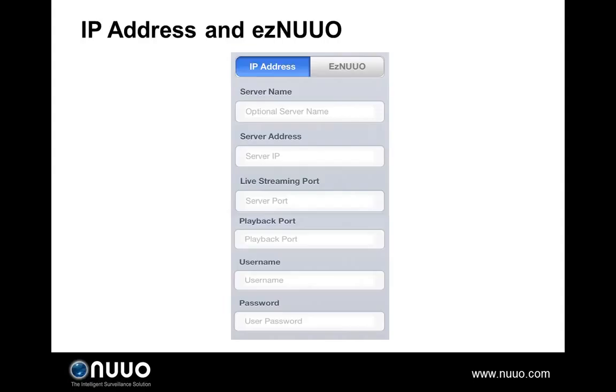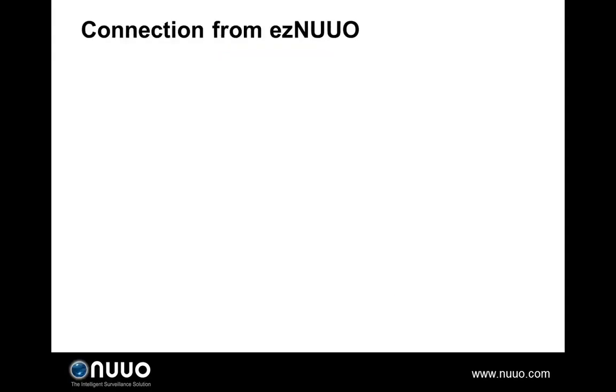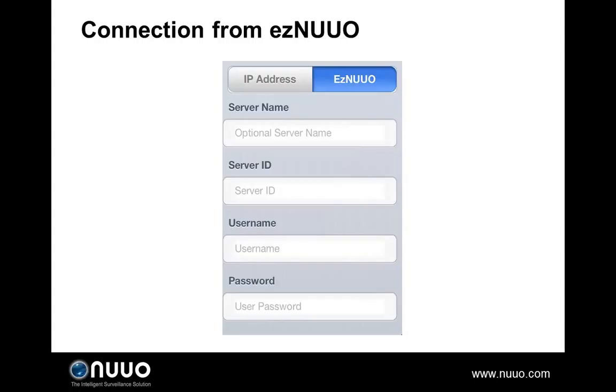You'll need to enter the following information: the server name, the server address, the live streaming port, the playback port, username, and the password. The connection from ezNUUO is simpler since you just have to enter the following information: the server name, the server ID, the username, and the password.